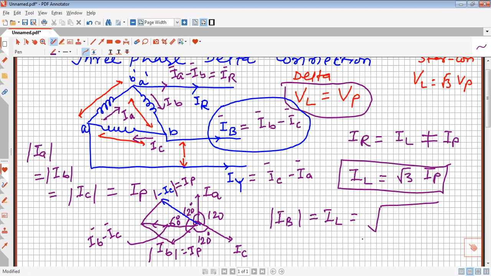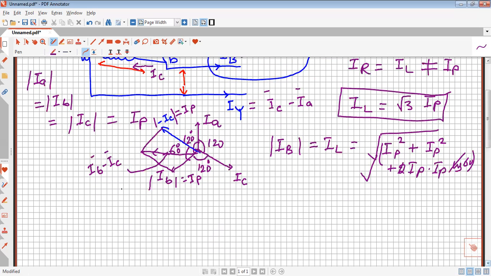So that is under root IP square plus IP square plus 2 IP into IP cos 60 degree. After cos 60 this cancels out. So this is a one line derivation. We can very easily write that line current is equal to root 3 times phase current.